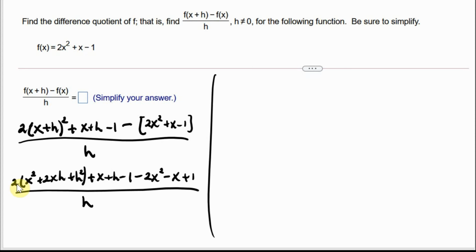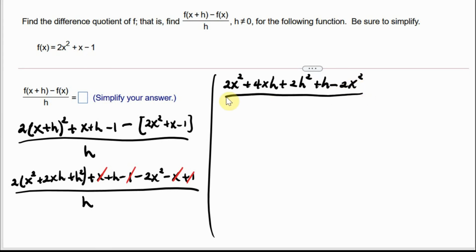All right, distribute that 2 through the first terms there, so that's 2x squared plus 4xh plus 2h squared. I can cancel while I'm there. This is x minus x, 1 minus 1. Plus h minus 2x squared all over h.